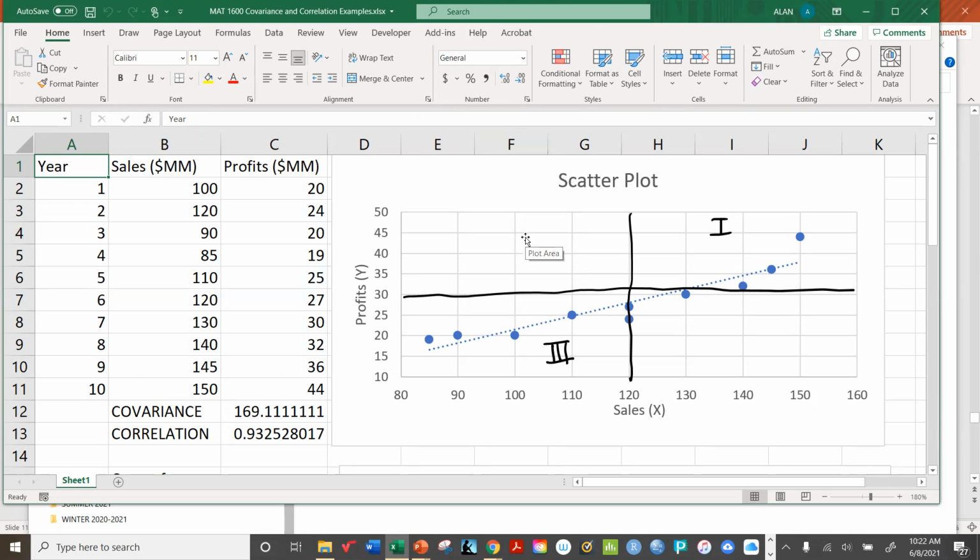Over to the left is the second quadrant, down here is the third quadrant, and down in the bottom right is the fourth quadrant. And almost all the points are either in the first or the third quadrant. And that means that we have a positive relationship between these variables. All right, and that just simply means that the two of them tend to move in the same direction.